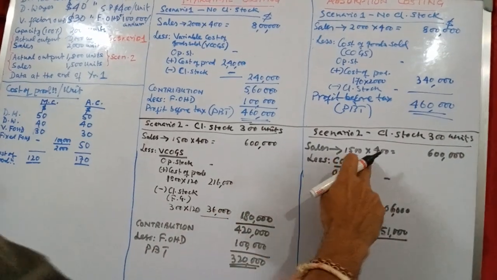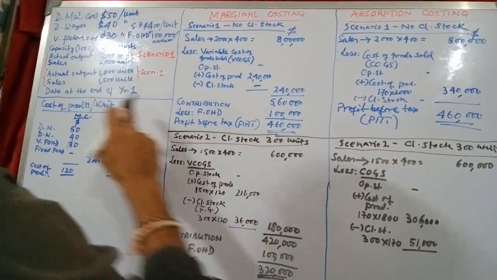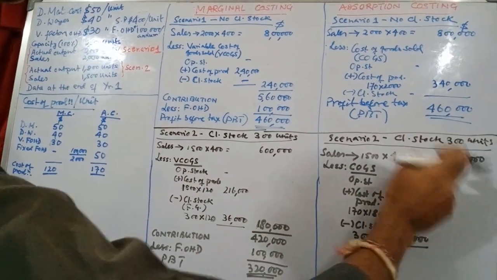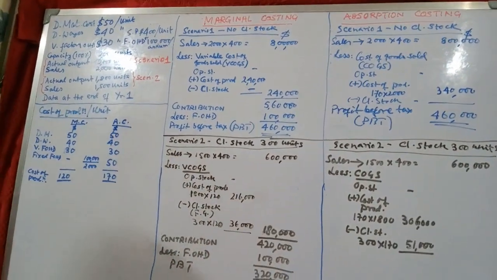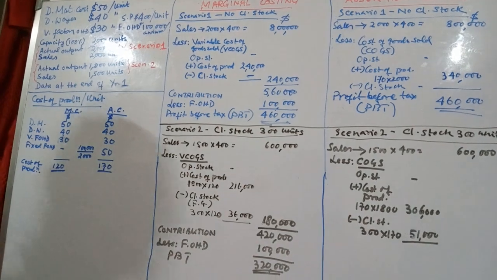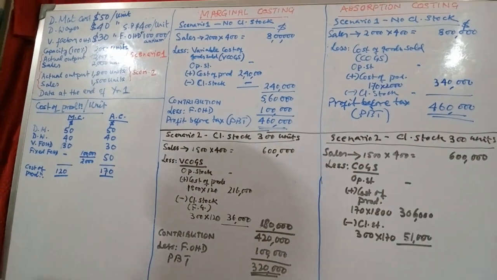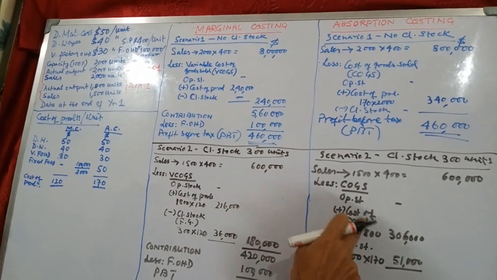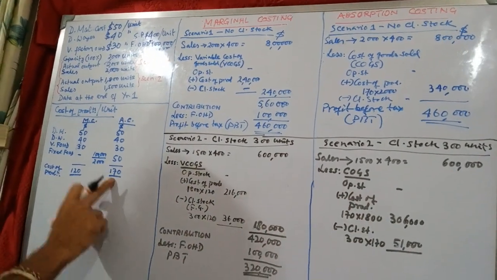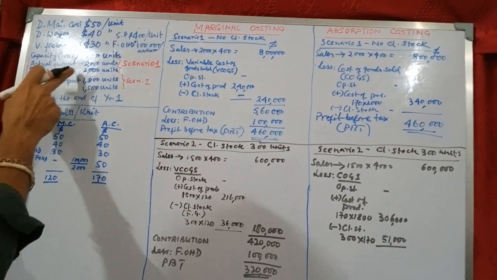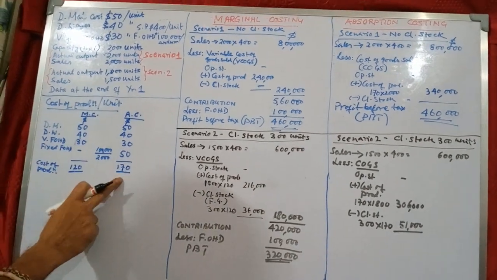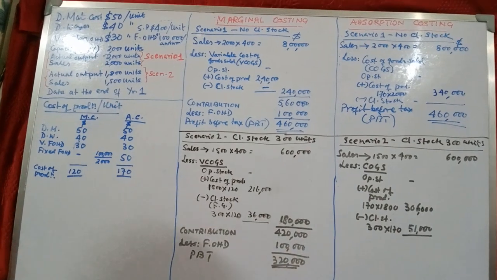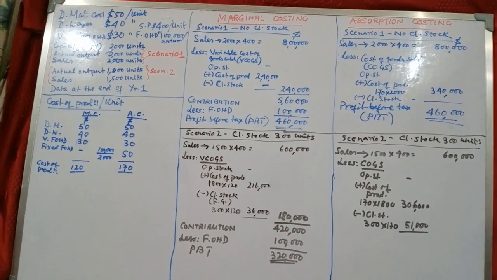Sales is 1500 into 400, 600,000, less cost of goods sold. Under cost of goods sold we have opening stock 0 plus cost of production, that is 170 into 1800, number of units produced, into cost per unit. Okay.